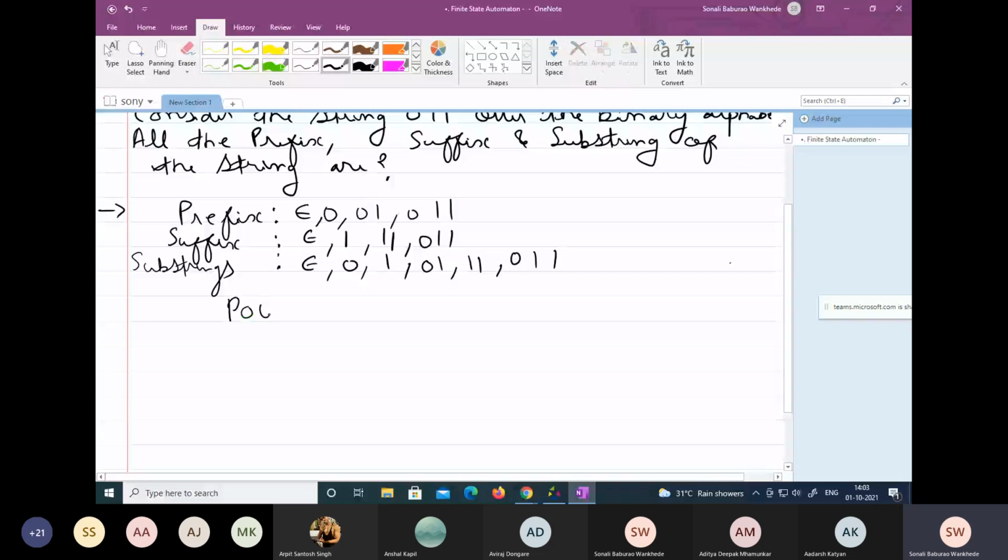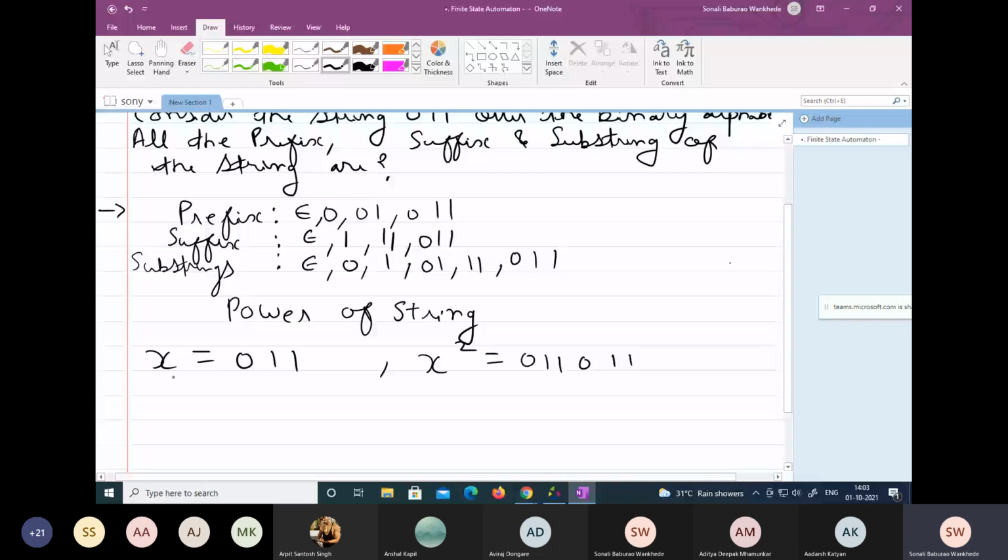This is our string, right? What will be my value of x squared? x squared will be 011011. Then my x cube will be 3 times that particular value, 011011011. So this is how you compute the power of strings: x squared, x cube. In this way, you have to show that.